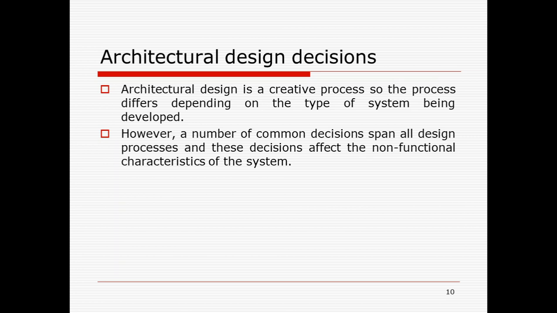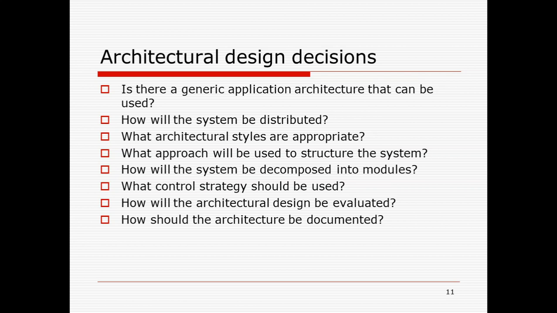Okay, so for making the design decisions, the architect has to answer certain questions. Based on their knowledge and experience, they must consider some fundamental questions about the system. For example, is there a generic application architecture that can be used for designing the system? That is, is there an already available application architecture which can be used for the architecture that is going to be designed?